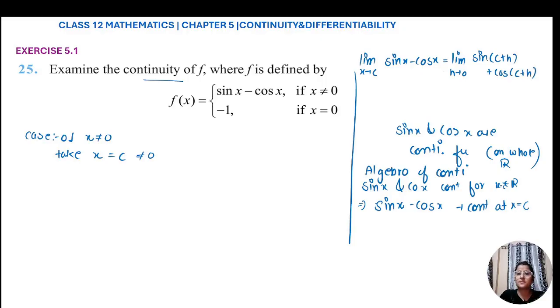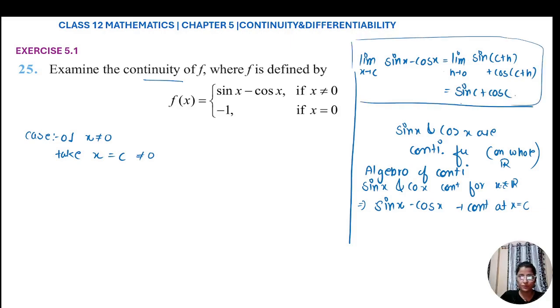Just use algebra: the sin(a plus b) formula and the cos(a plus b) formula, and you can easily find this limit. It will be nothing but sin c minus cos c. Okay, I have given you both ways. Now let's move to our work.